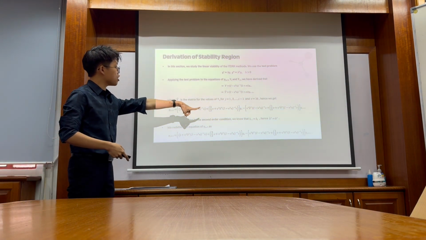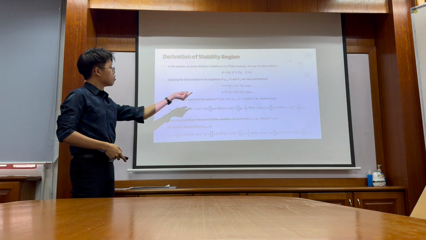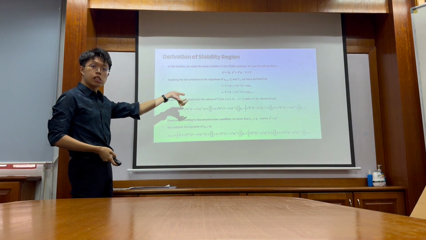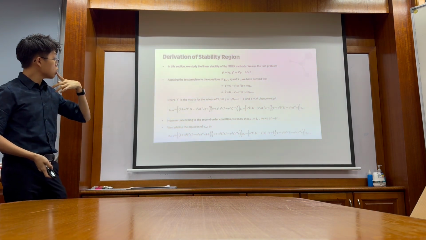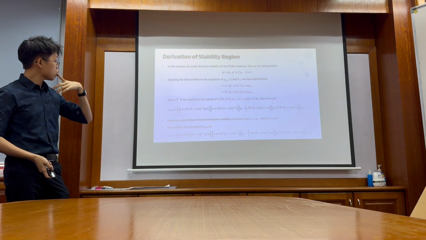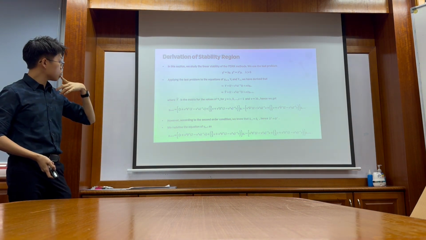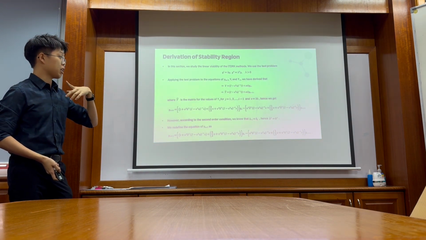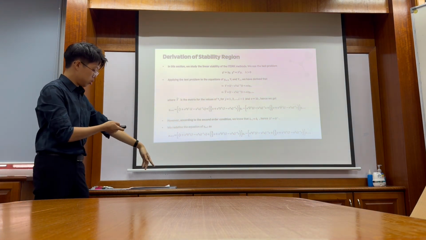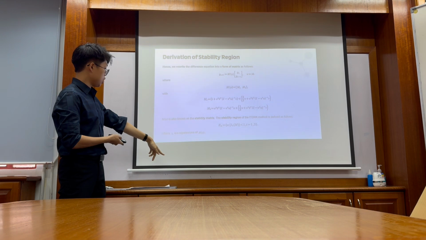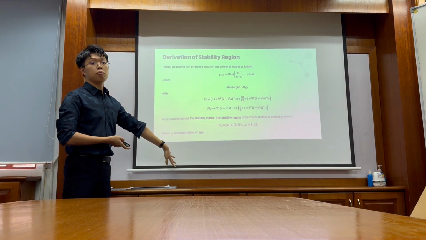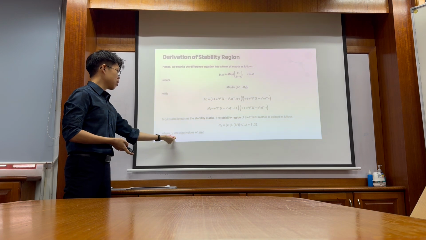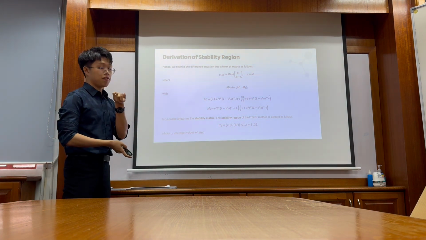Because lambda H is just a constant. Is V a real number or an imaginary number? It can be imaginary, I think, because lambda is the eigenvalue, so it depends on the eigenvalue. But because it's not a matrix, it's just a value itself.